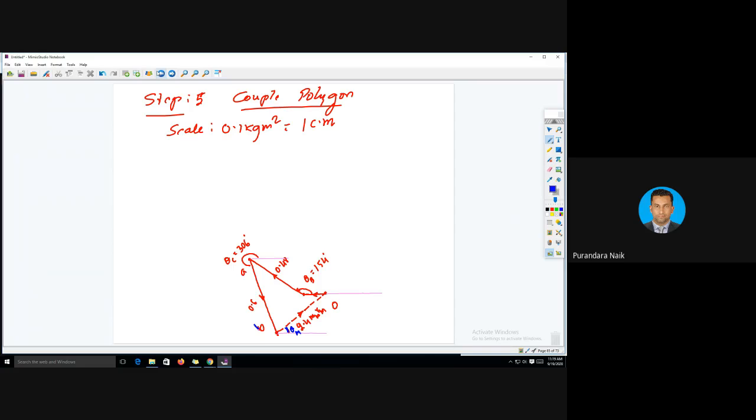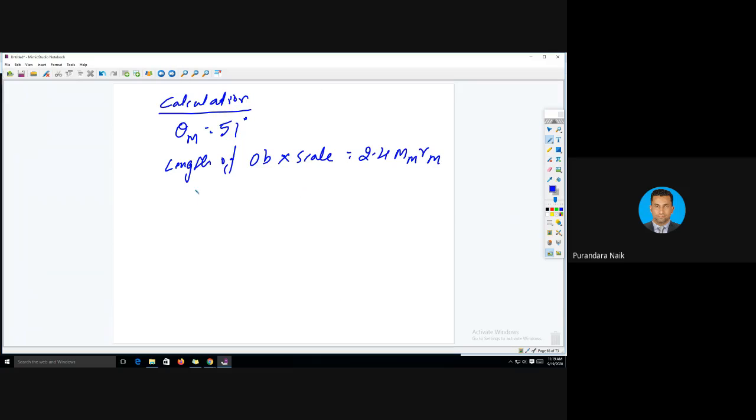Okay, 4.8 I'm getting, so I'll write the same thing. What is the scale here? The scale we have taken is 1 centimeter is equal to 0.1. So 4.8 centimeter is equal to 2.4 into RM.